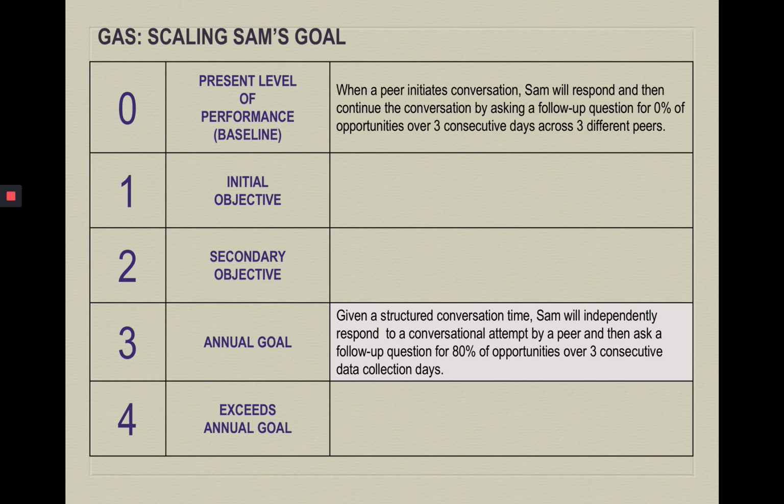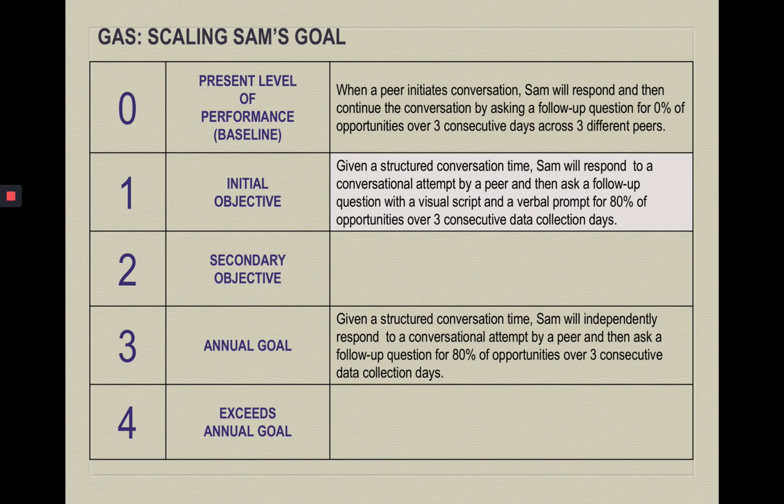All right, so now our job is to figure out what are incremental steps that Sam can make towards this objective. So level 1 might be that, in going from 0% of opportunities, we are scaling here on the setting.